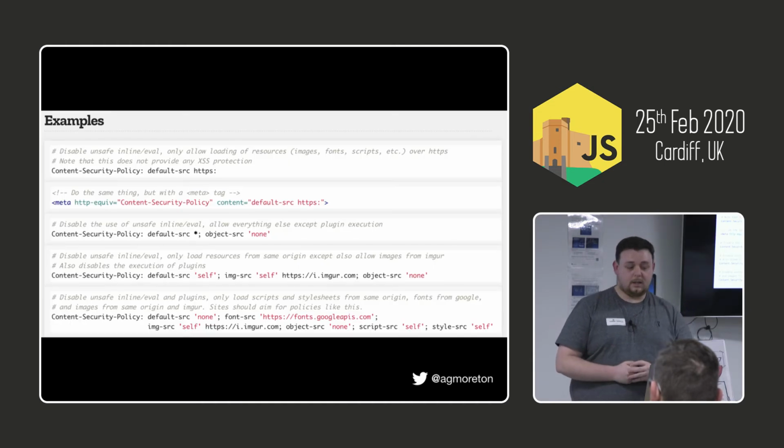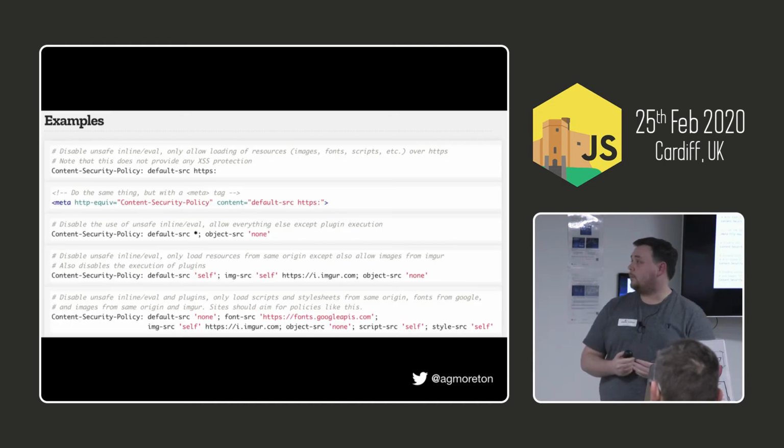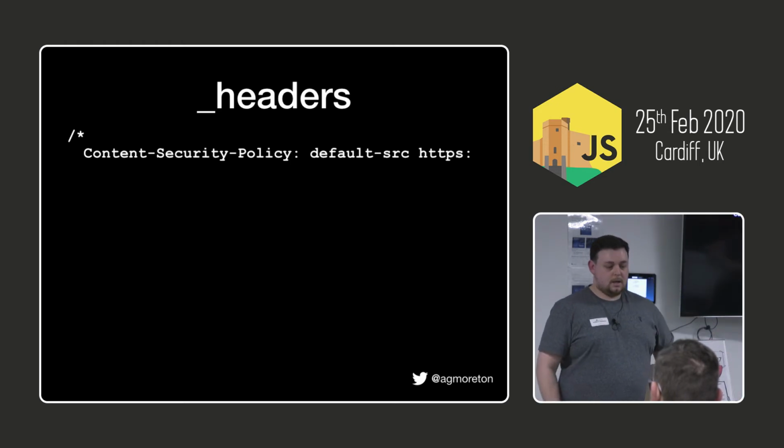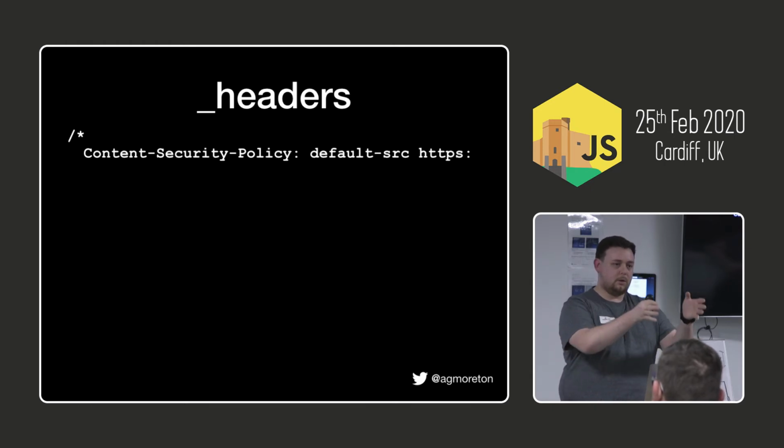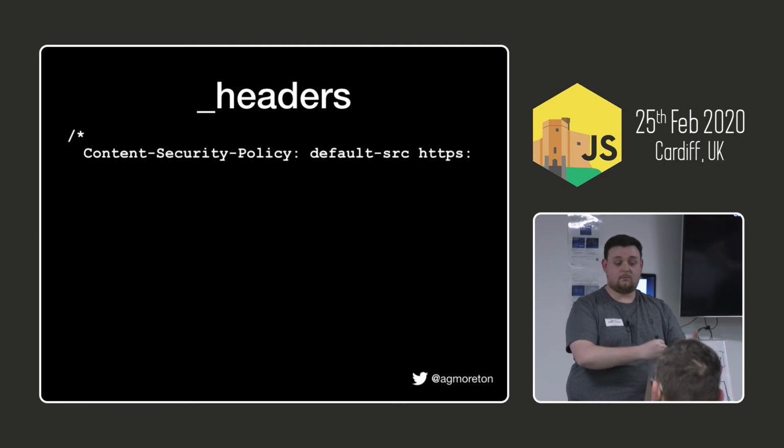So again, handily, Mozilla give us some examples of what a content security policy looks like. Being a software developer who obviously knows what he's doing, I just grab the top one and throw it on my site. Netlify is really helpful in that you can give it an underscore headers file right at the root of your project, and it's really straightforward to use.